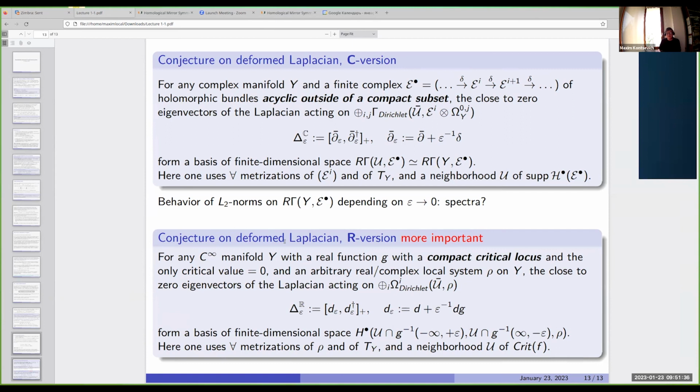And this eigenfunction should be some kind of smooth function supported in a very, very small neighborhood of the expected support set. So the details of how we put Dirichlet boundary conditions far away will be irrelevant. You get exponentially small corrections. So that's the conjecture: the small eigenvalues correspond exactly to this.